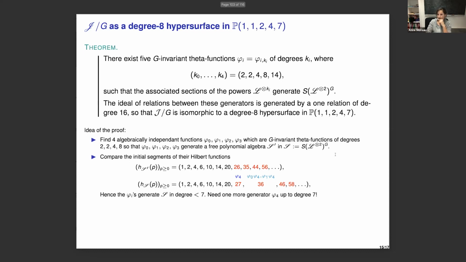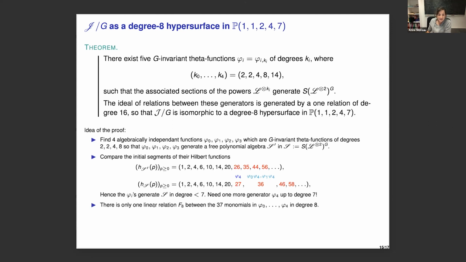And after there are some discrepancies between the degrees. So this means that the phi generate S, the G-invariant second Veronese algebra, in degree at most 7. So we need one more generator up to degree 7. But now you see that the difference of dimension for degree 7, it's in red here, is only 1. So let's keep phi 4, which is of degree 7.